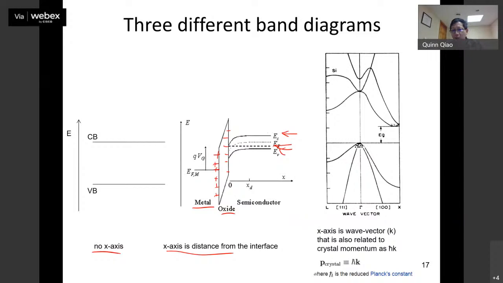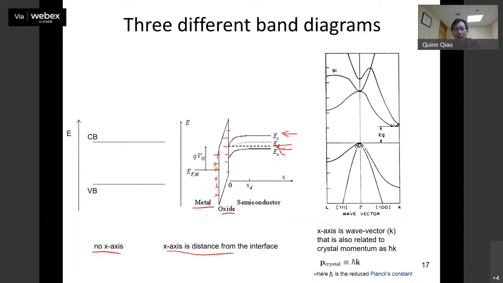And then another one you see will be this kind of structure. This one basically tells you the wave vector. When you think about the crystal, the crystal has different directions. You can have 0, 0, 1, 0, 1, 0, all these different directions, right? And on the different directions, the band structure will be different. That's how we plot it, okay?